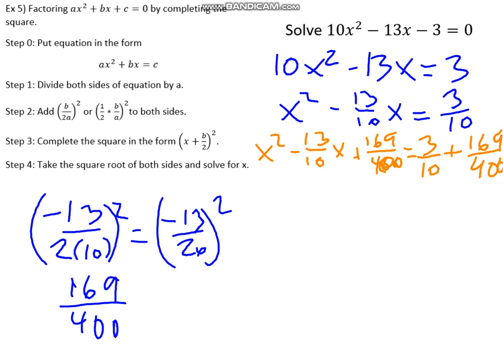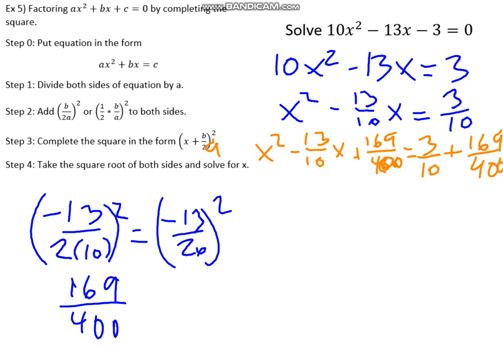The reason we do that is to set up the next step, which is to complete the square in the form of x plus b over 2 squared. Actually, it would be b over 2a. Let's correct that. So put an a right here on the bottom.